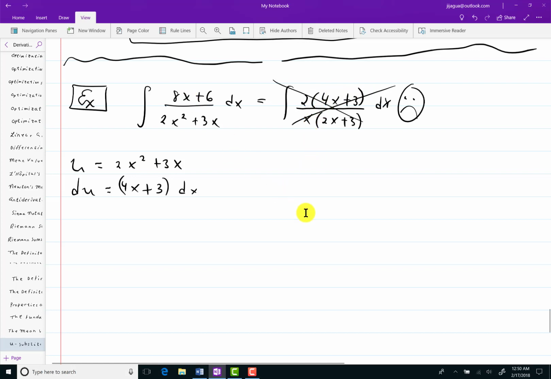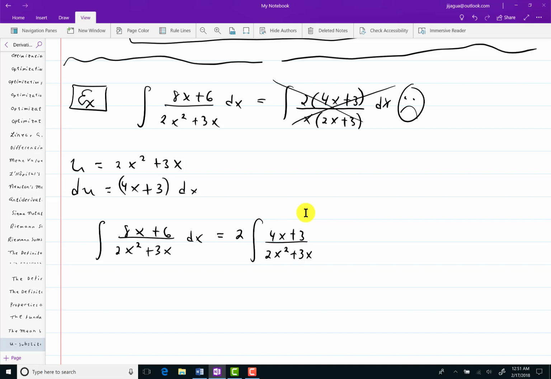Let me have this integral back. So we have (8x + 6) over (2x squared + 3x) dx. Let me factor that 2 out, and I end up with 2 times the integral of (4x + 3) over (2x squared + 3x) dx.